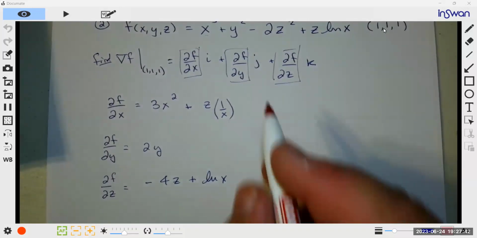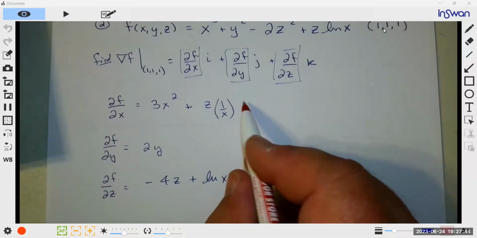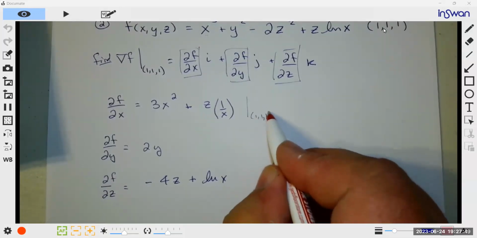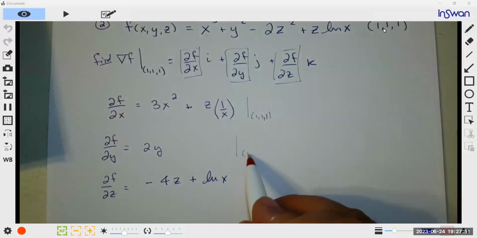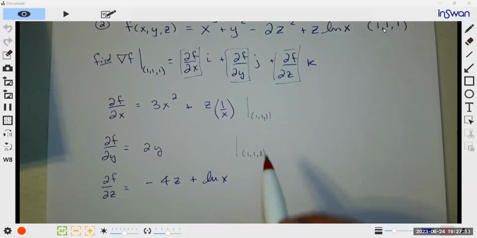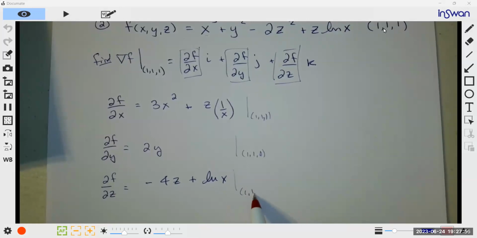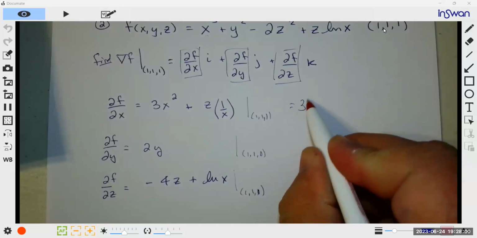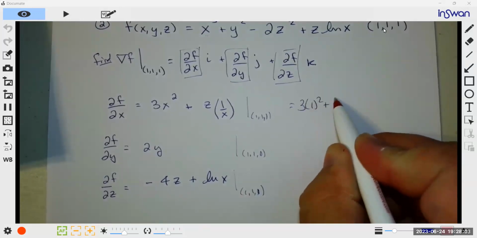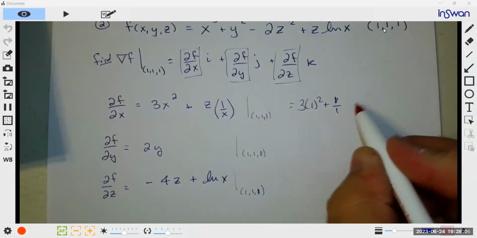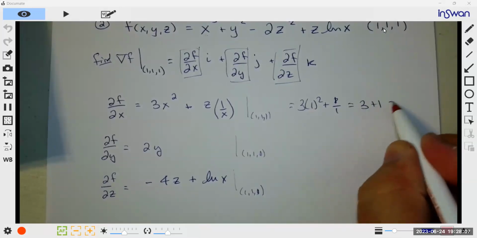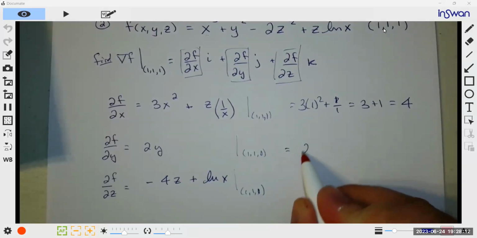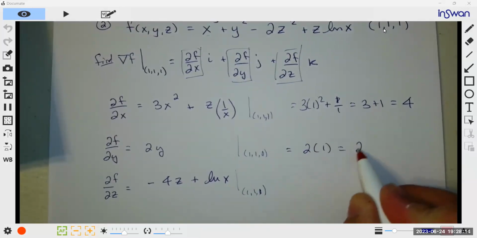Right? Now we have to evaluate these at 1, 1, 1. So it's 3 times 1 squared plus 1 over 1. 3 plus 1 is 4. 2 times 1 is 2.